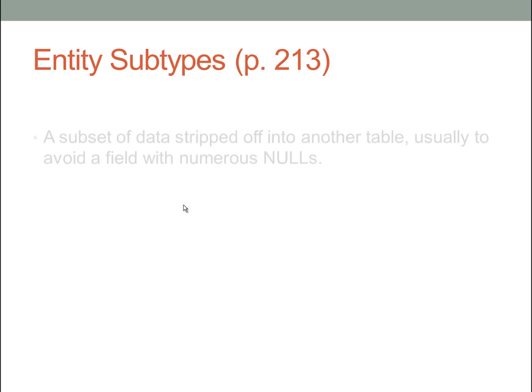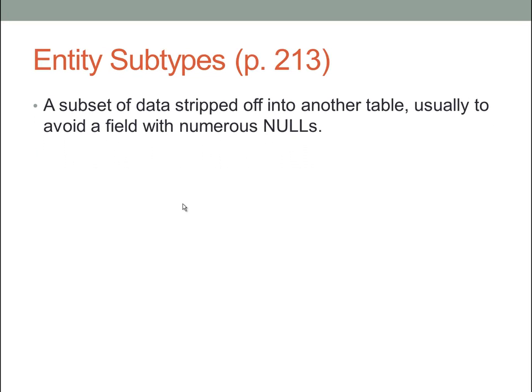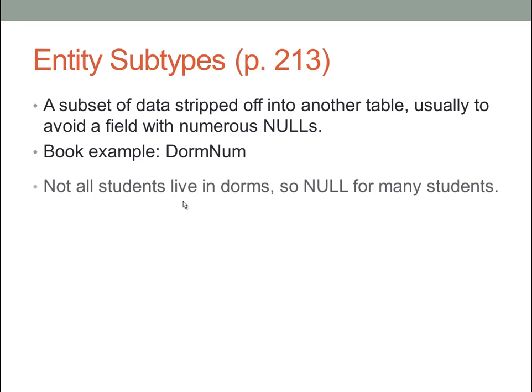Kind of related to that are entity subtypes, also on pages 213, 214. An entity subtype is a subset of data stripped off into another table. Usually, the purpose of it is to avoid having a field where half or a third or more of the records are going to have a null in that field. The example they use in the book is dorm number. Not all students live in dorms.